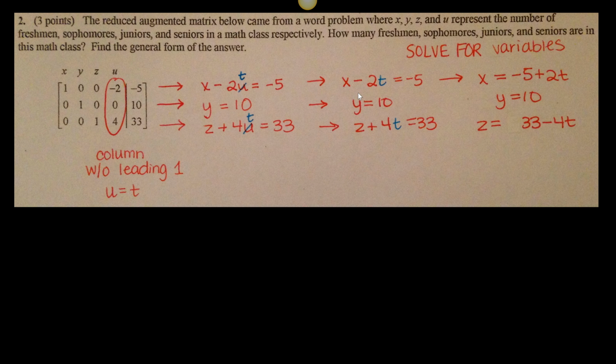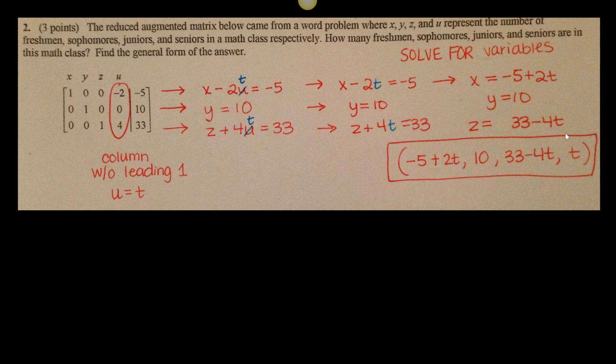When we solve for our variables, you move over this 2t, and you get x is equal to negative 5 plus 2t. Y is equal to 10. We don't have to do anything with that. And if you move over this 4t, we get that z is 33 minus 4t. Now we can write our parametric in the form x, y, z, u.